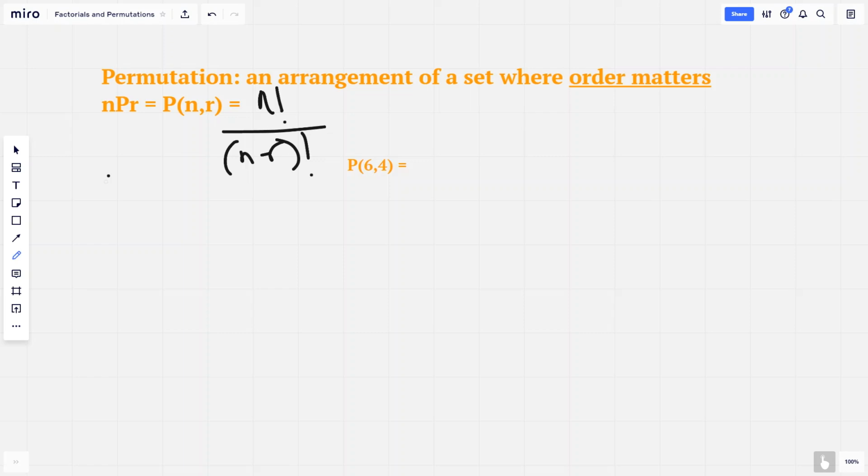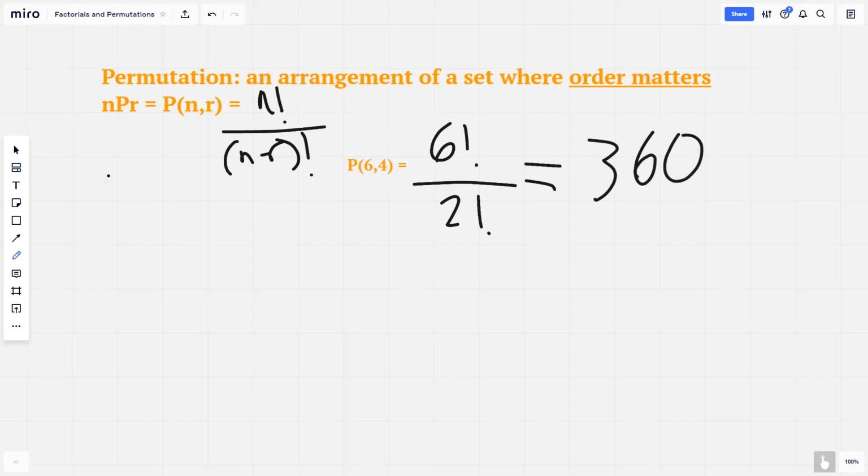I'll explain shortly why we could come up with a formula like this. But just applying the formula here, 6 factorial over (6 minus 4) factorial, so that's going to be 2 factorial. So 6 permute 4 is going to be 720 divided by 2, which is 360.